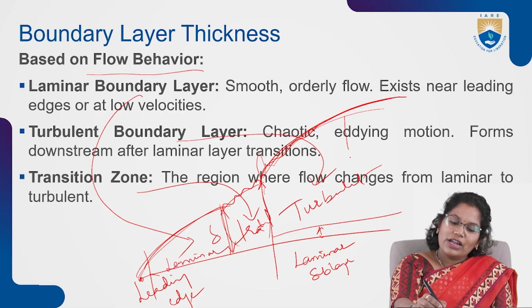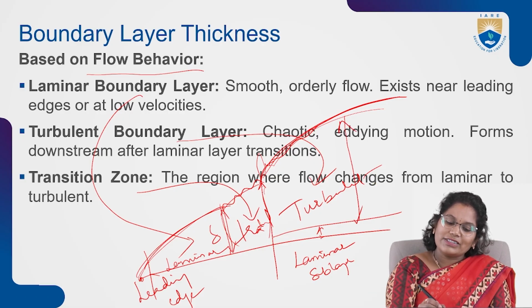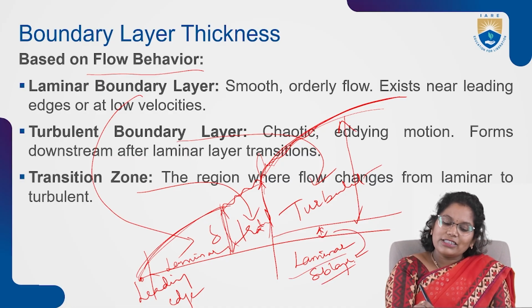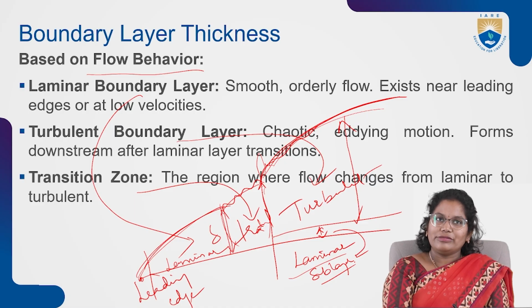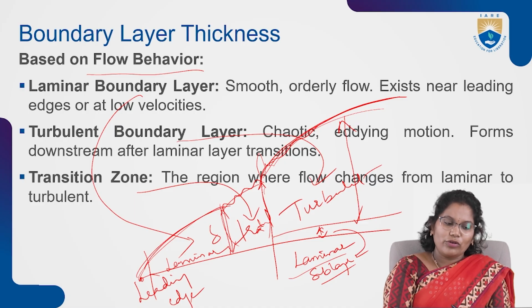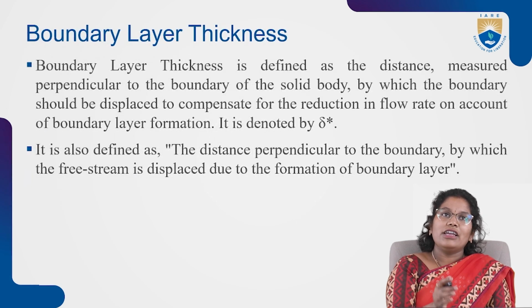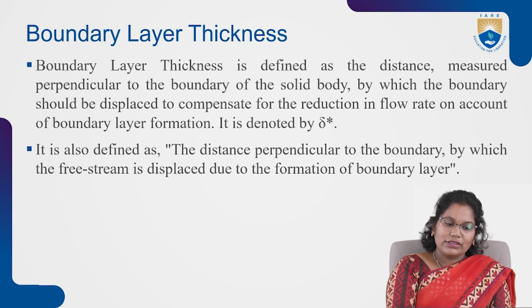In this turbulent boundary layer, we see a very thin, very negligible laminar sublayer, right? This is how, depending upon the flow behavior, the boundary layer thickness differs.